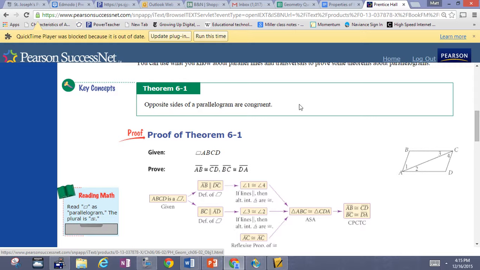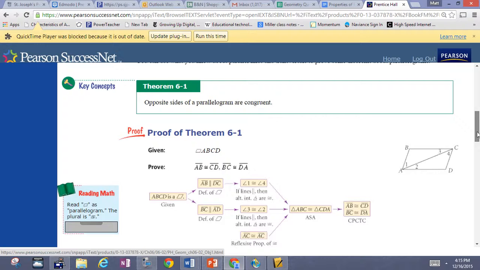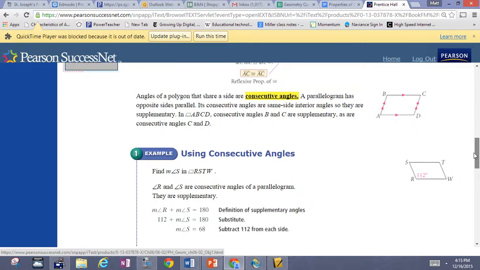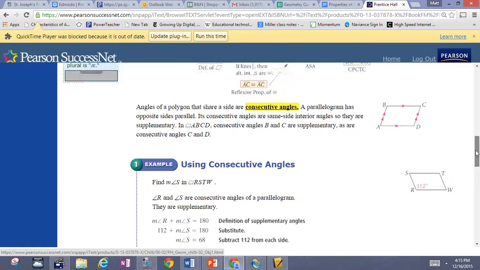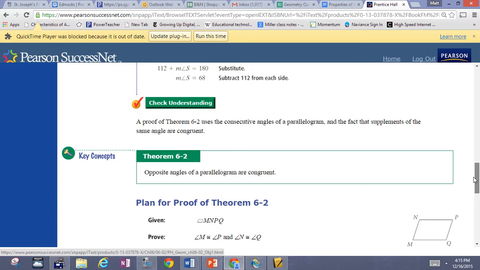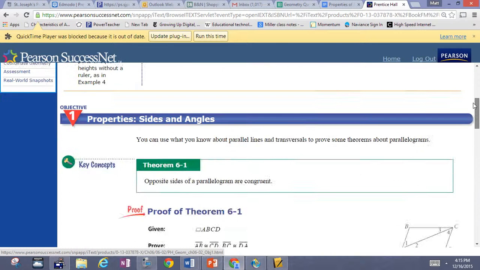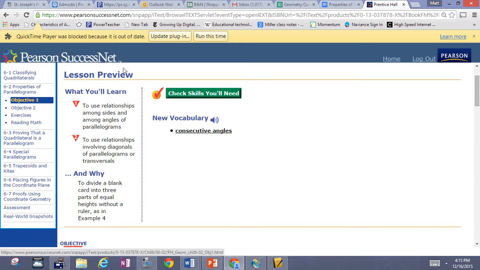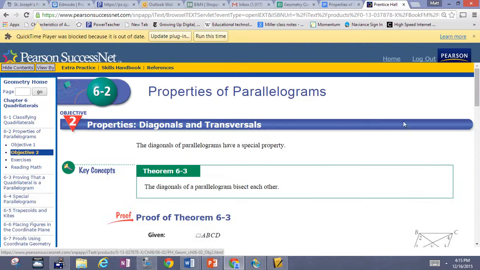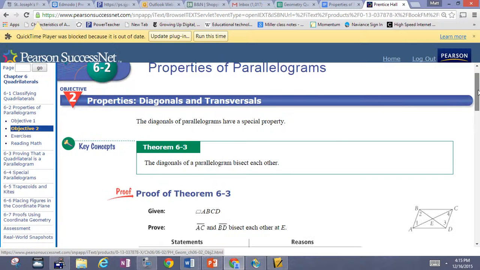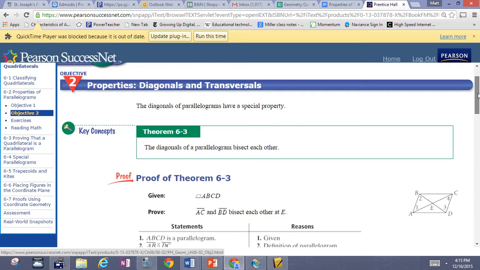The opposite sides of a parallelogram are congruent. We'll also pick up another one in that the opposite angles of a parallelogram are congruent. And then one other additional property that we'll pick up here is that the diagonals of the parallelogram will bisect each other.